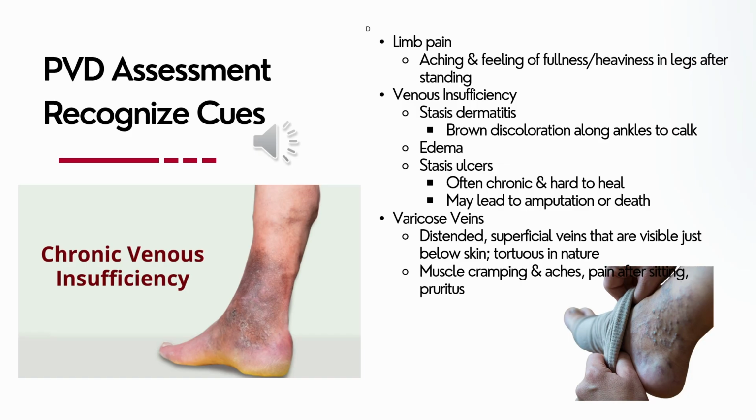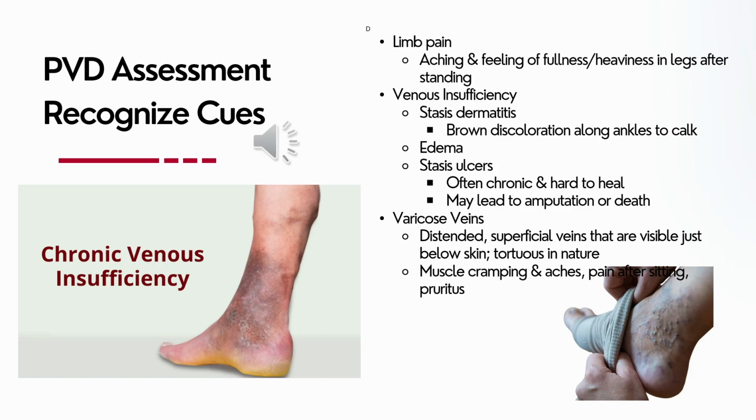So over time, stasis ulcers can also develop, which usually appear over the medial malleolus or on the inner ankle. And these ulcers typically have irregular borders, they're very difficult to heal, and in severe cases they can lead to amputation or even sometimes can ultimately lead to death.